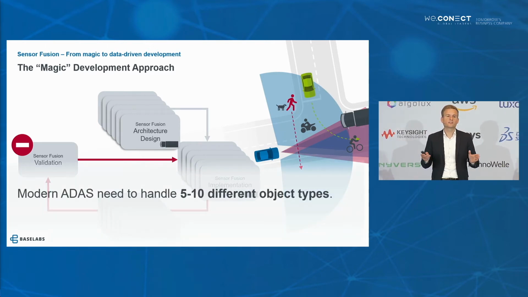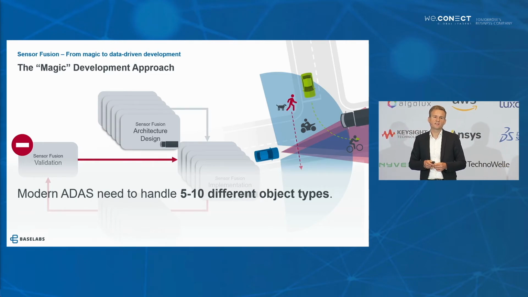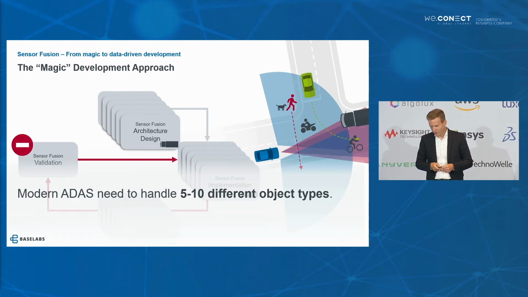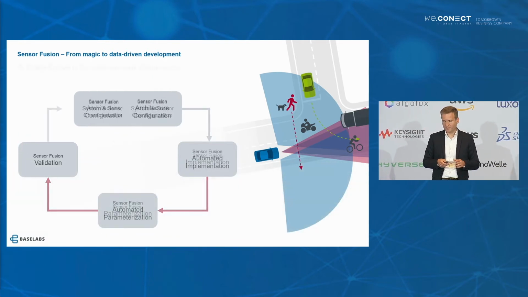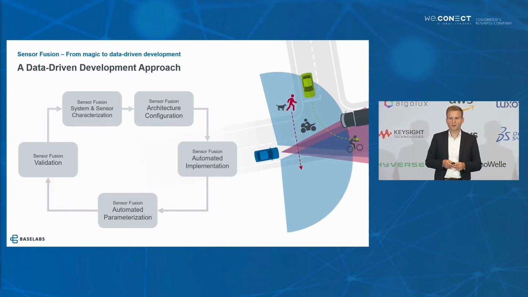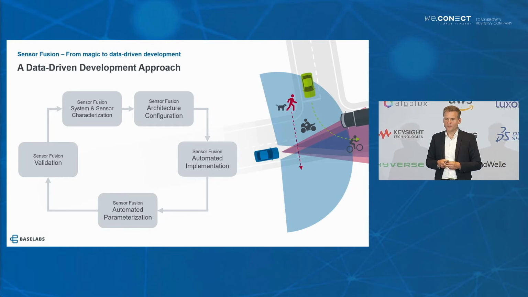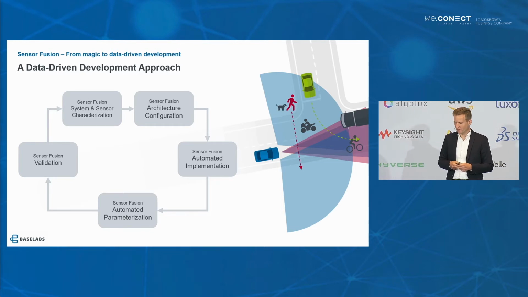Currently, it's 5 to 10 different object types, and you can already see this in the slides. This makes this whole process and the whole problem even worse. For that reason, we propose a different approach how we all should develop sensor fusion systems, and we call this a data-driven development approach.